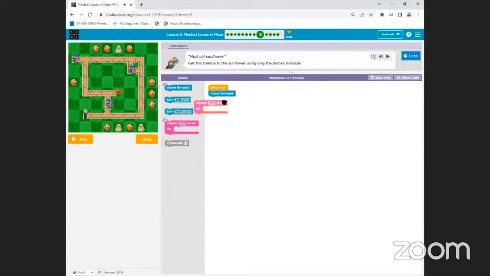So we'll obviously need repeat blocks. And I'm going to put 5 times on it.